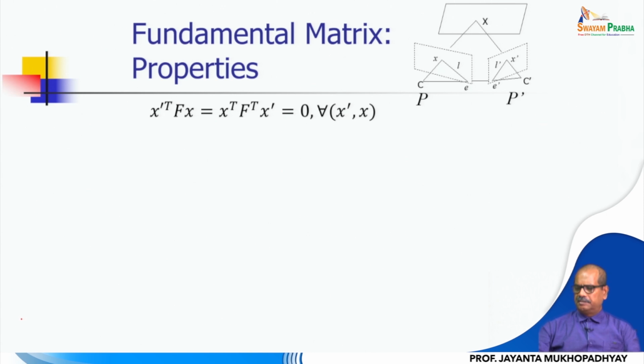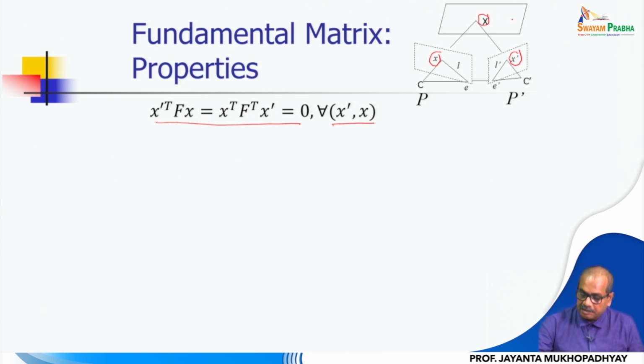First, we consider the relationship between the corresponding points in the stereo setup. These are corresponding points because they are the images of the same scene point, and this can be expressed using a fundamental matrix of size 3 cross 3 using these equations. That means x prime transpose F x equals 0, or x transpose F transpose x prime equals 0, for any pair of corresponding points.